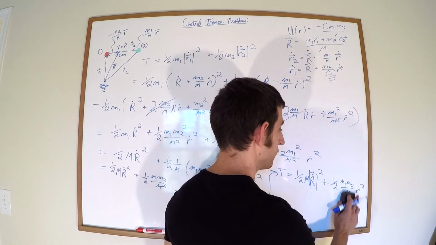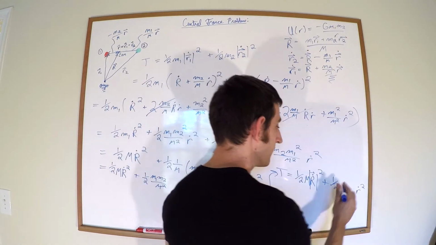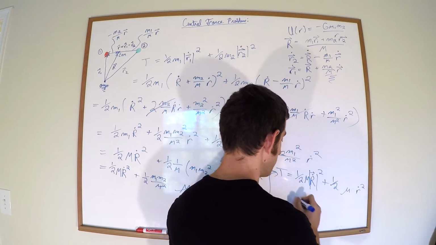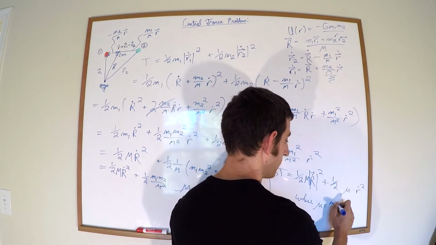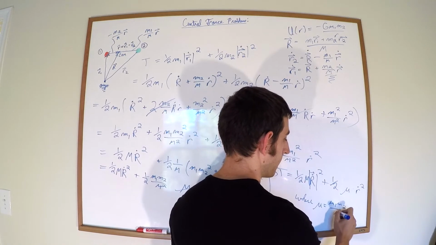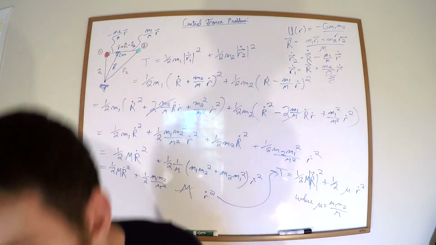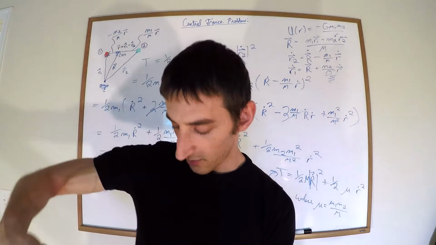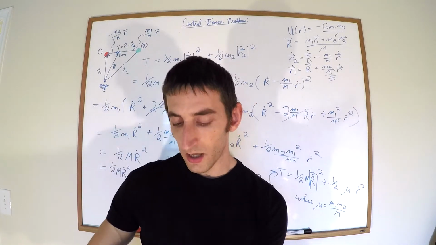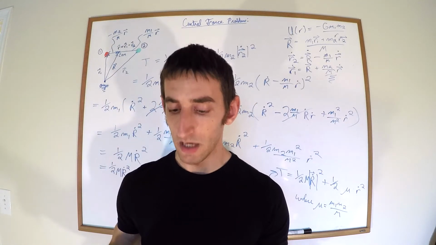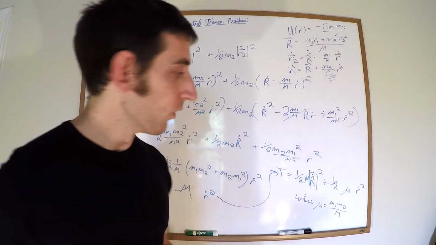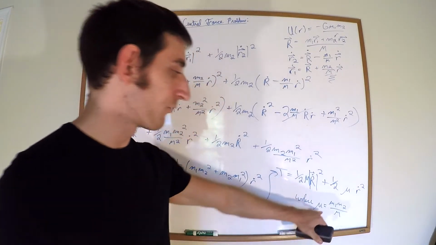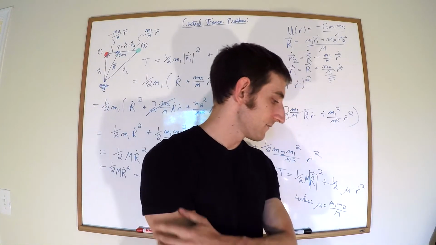Okay, so we're going to say this is mu, where the reduced mass is M1, M2 over big M. And checking my notes, I think this looks good, but just to make sure, yep, we are good.